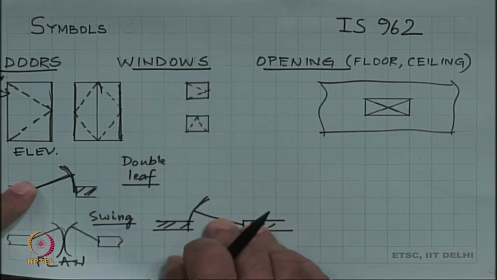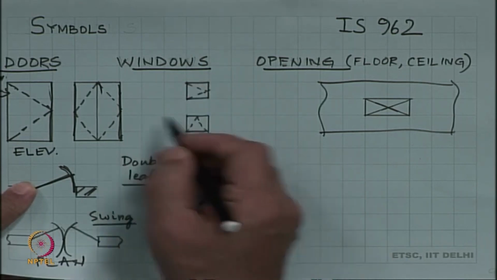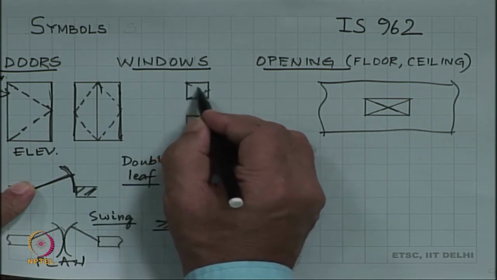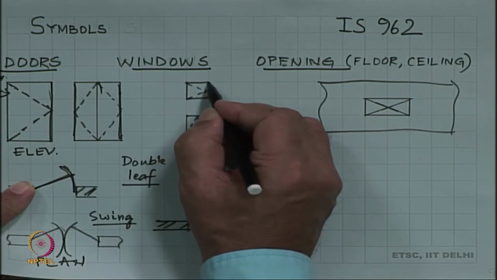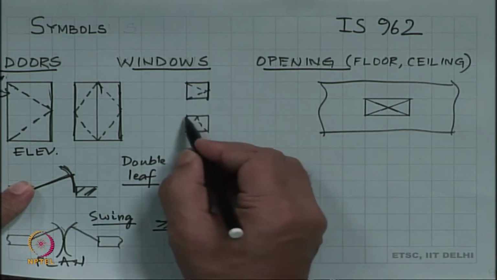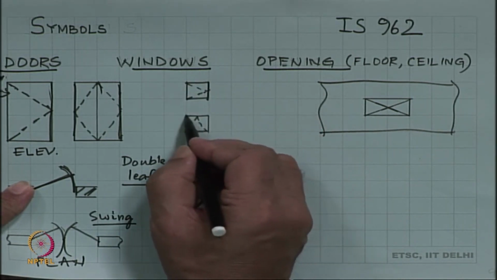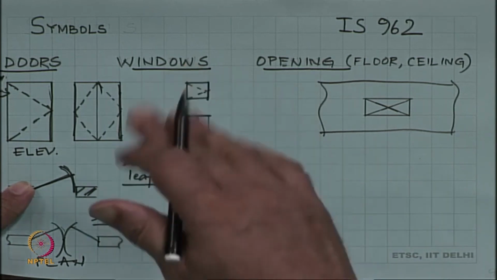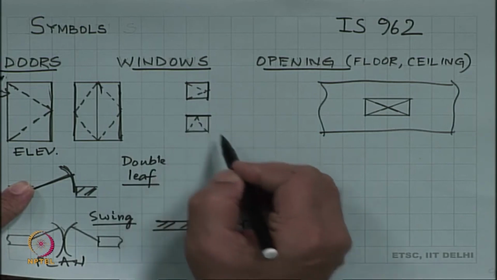Next is windows. So, like doors, the symbol is similar, but it is of course smaller in size, and this type of window means that it is hinged over here and opens about it, it is single swing. The window could be like this, where the hinging is on the top and this window opens about this axis.